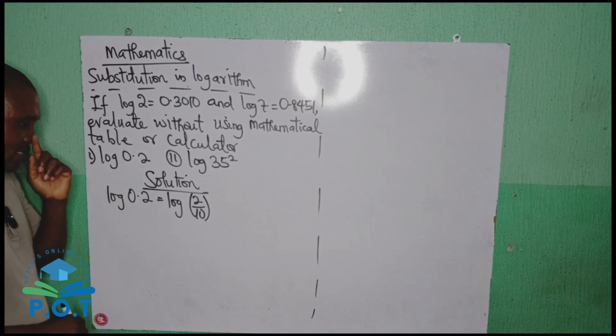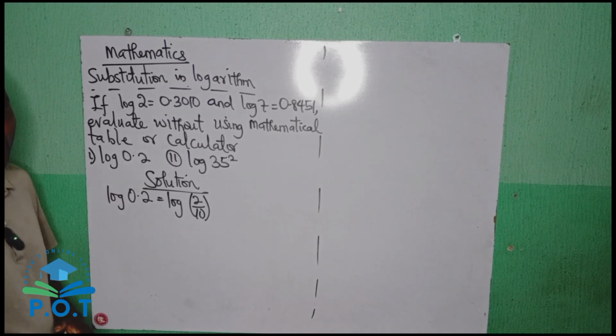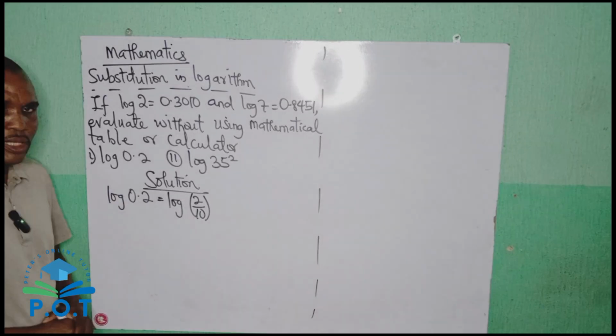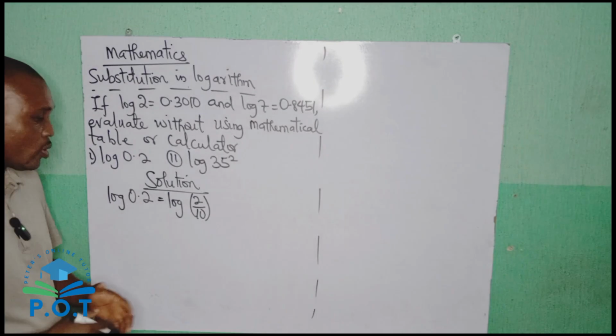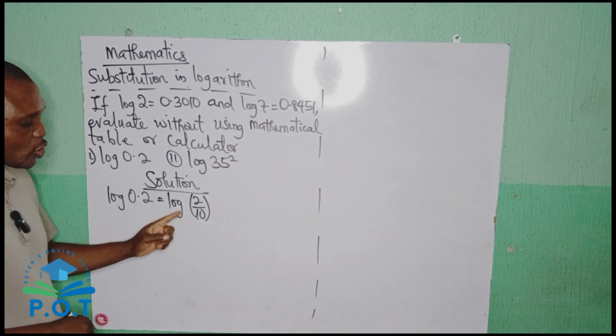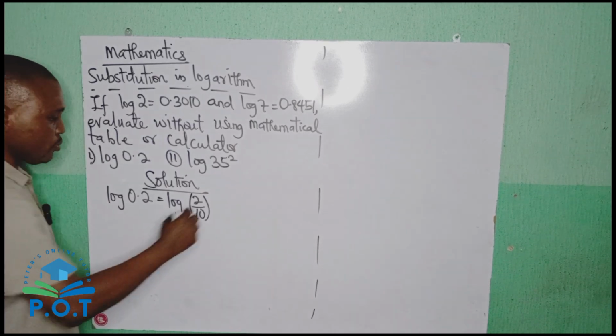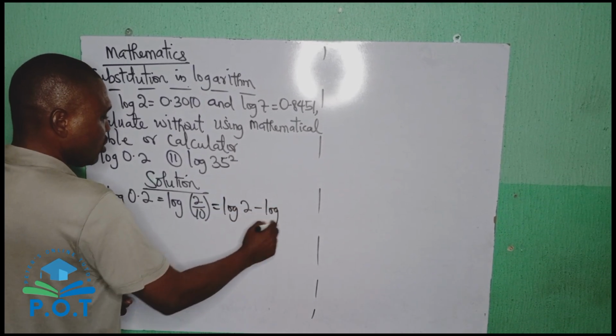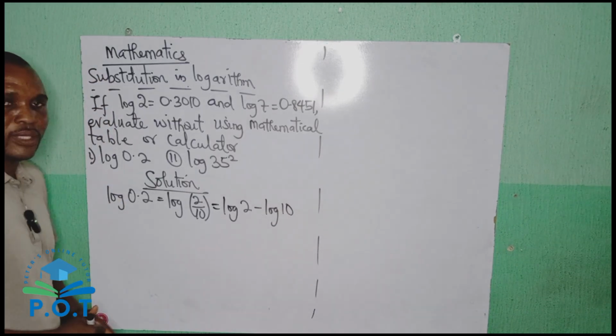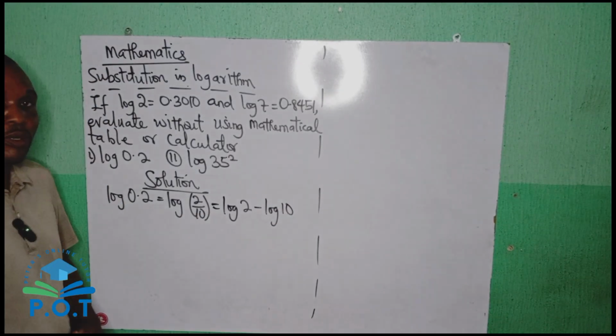Now, the next thing: if you go back to the topic that we treated under logarithm, we looked at the laws of logarithm. Now we can actually change this to log 2 minus log 10. Now this is one of the laws of logarithm.